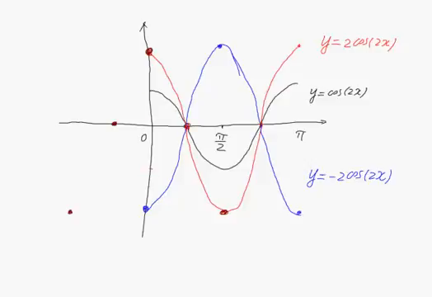So right now we get the graph of such a function. Actually some parts just coincide.